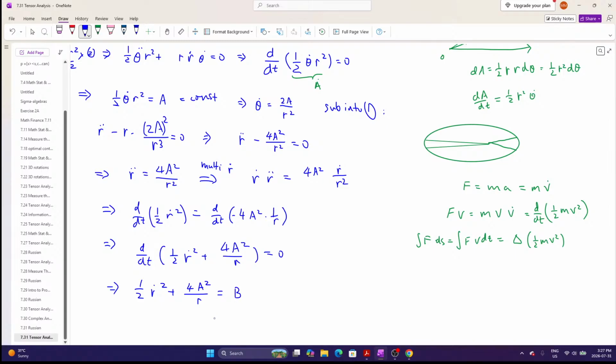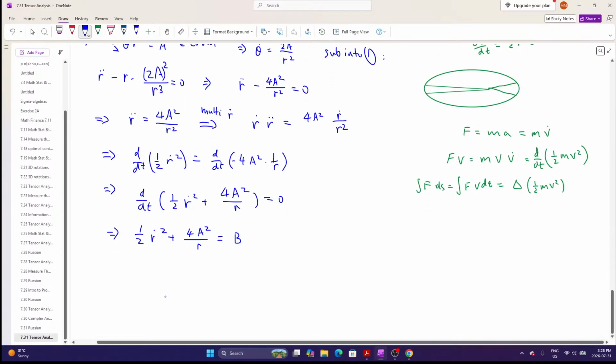Okay. So now essentially you have a first order system. We reduced the original second order equation to a first order equation. This is basically energy conservation in mechanics, the mathematical equivalent.